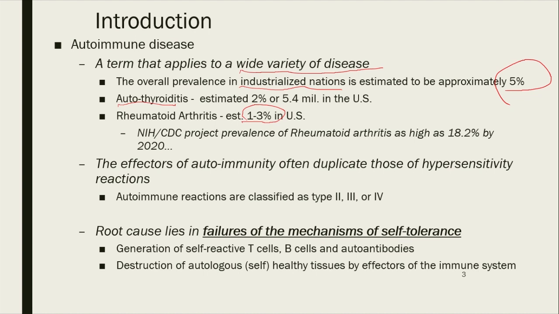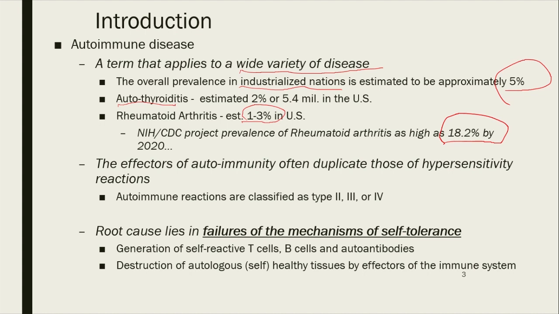The CDC NIH projected the prevalence of rheumatoid arthritis as high as 18% by now. Oh no, this is a prediction. I don't have a real record for you, but it's a lot, and we're seeing a lot more drugs trying to come on market to help with those type of conditions.